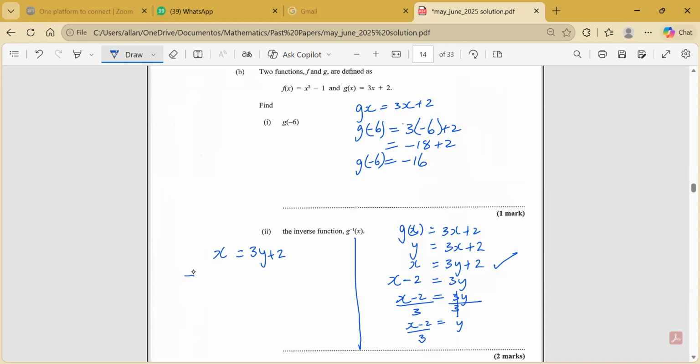So it becomes negative 3y plus x equals to 2. So she'll carry the positive 2, positive x on the other side. And then she's going to divide by negative 3.